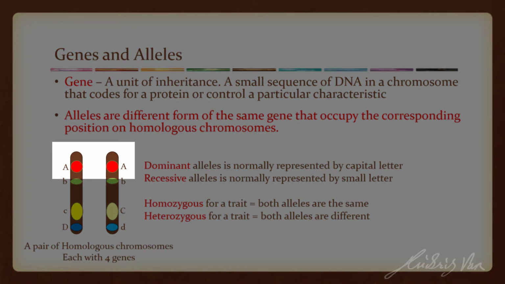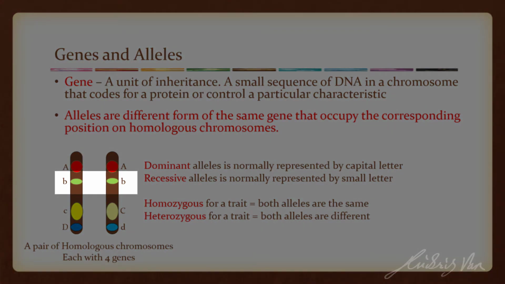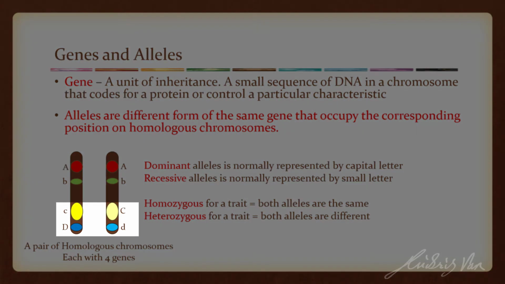Let me give you an example. Gene A is homozygous dominant because both the alleles are the dominant alleles. As for gene B, we say that they are homozygous recessive because both versions of gene B are the recessive alleles. For gene C and gene D, we say that the chromosome is heterozygous for both gene C as well as gene D. So heterozygous is pretty straightforward.